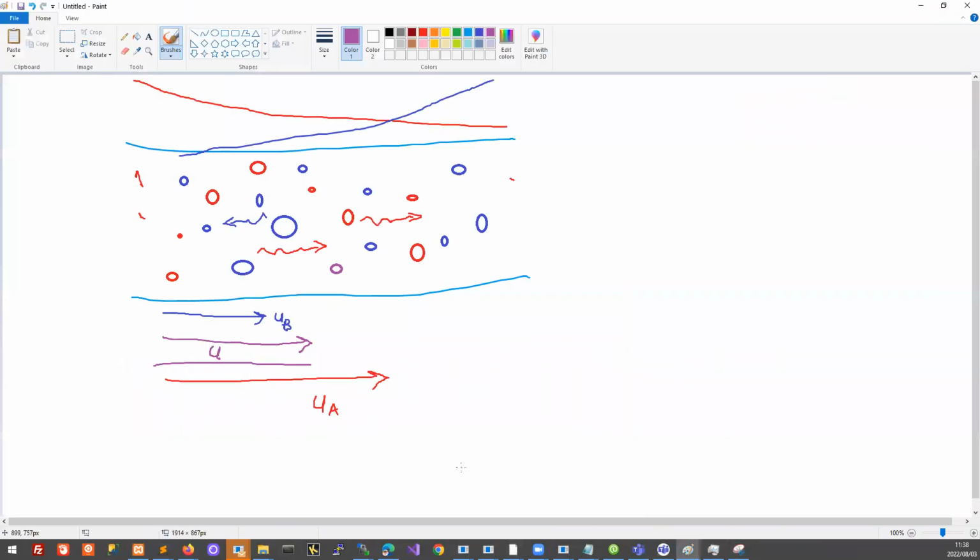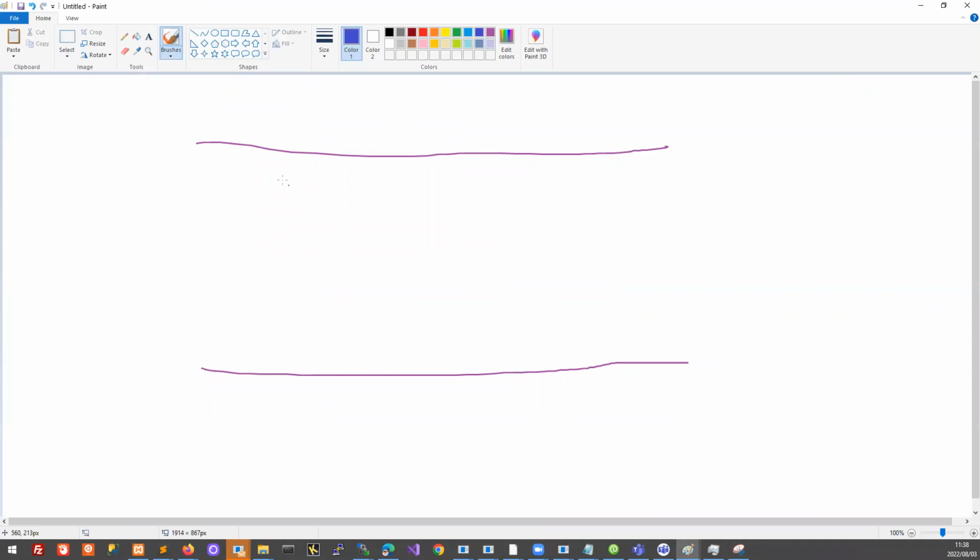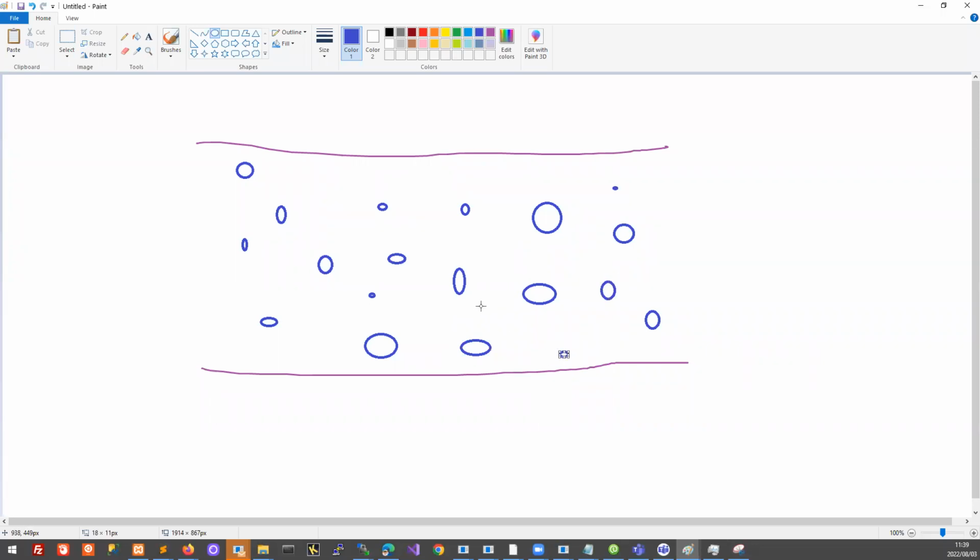So let's think about some situations there. So let's say we have a component that is in small quantities and it's diffusing through some other component. So let's say this is the solvent component. And we've got our component A, which is diffusing through this.